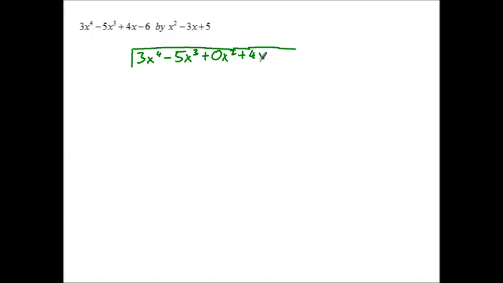Afterwards we get 4x minus 6, and all this gets divided by x squared minus 3x plus 5. Again, we have to add a missing term so we don't get confused with our operation.